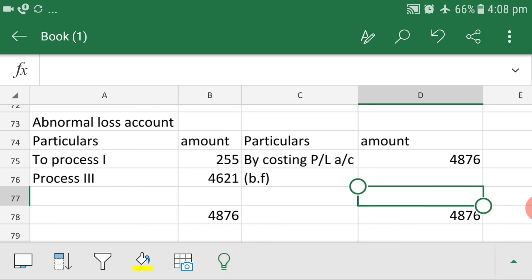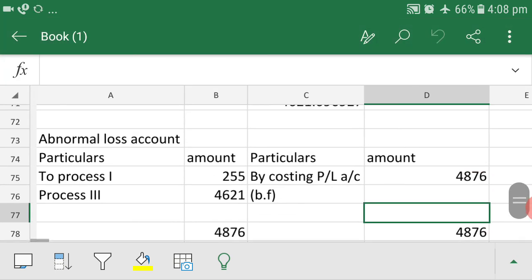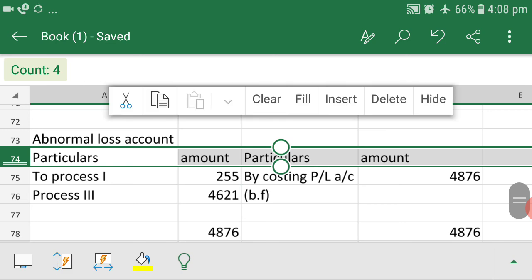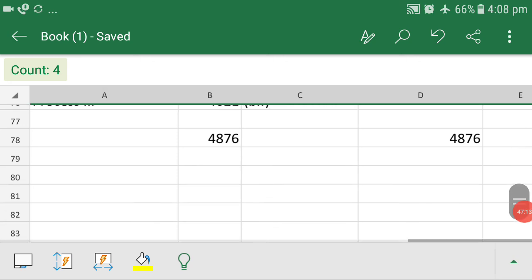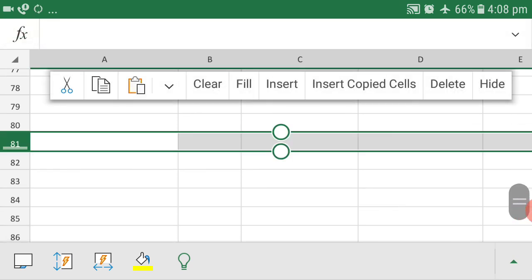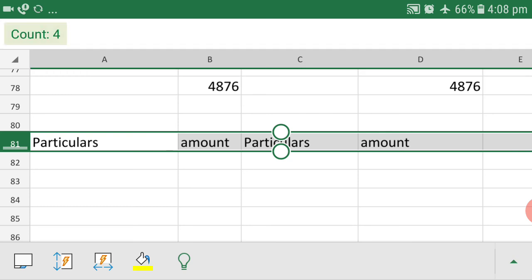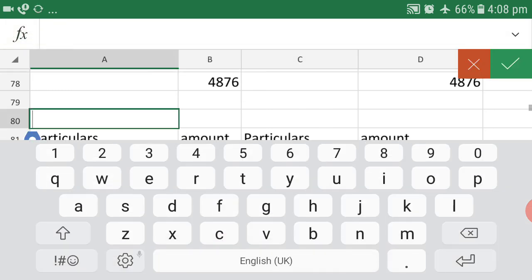Then next, let's do the abnormal gain account. We can draw the abnormal gain account. Write down the heading abnormal gain account.